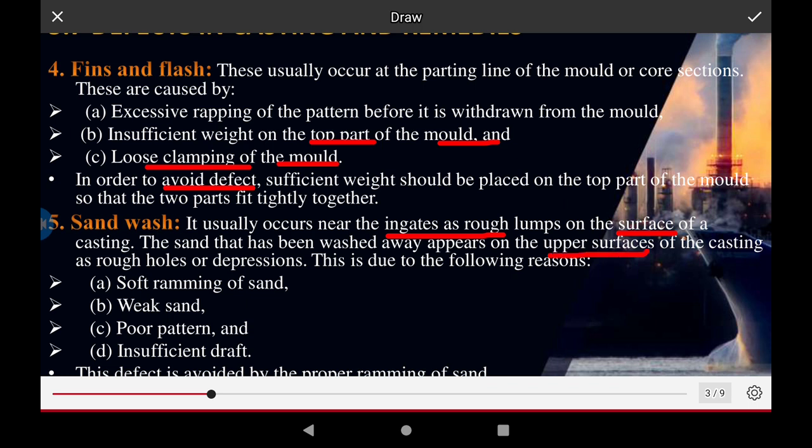Regarding the depression, this is due to the following reasons: soft ramming of sand, weak sand, poor sand, and insufficient draft. This defect is avoided by proper ramming of the sand.